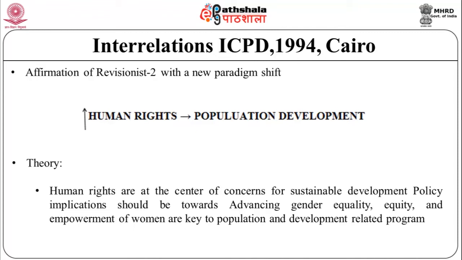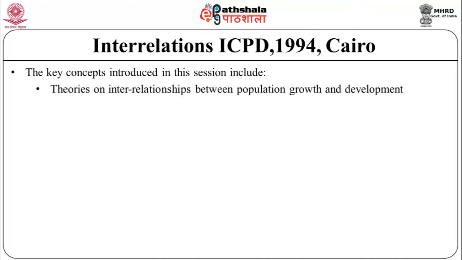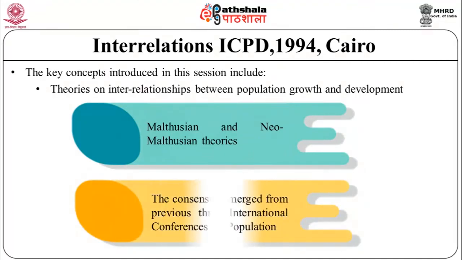Policy implications should be towards advancing gender equality, equity, and empowerment of women, which are key to population and development related programs. The key concepts introduced in this session included theories on interrelationships between population growth and development, Malthusian and new Malthusian theories. The consensus emerged from the previous 3 international conferences on population.